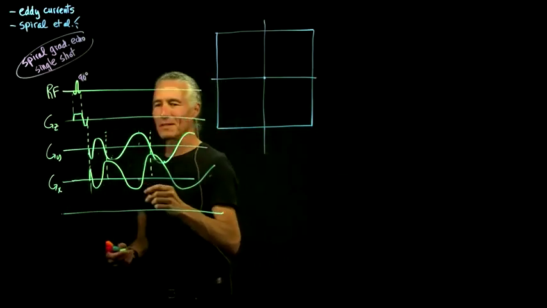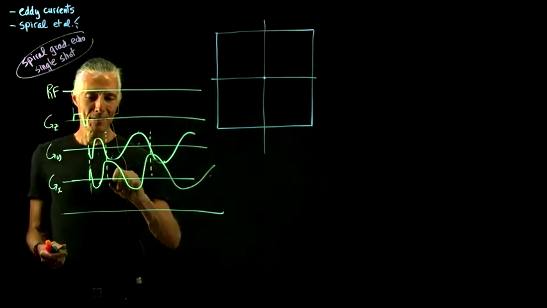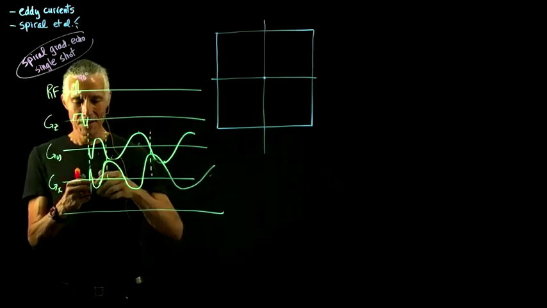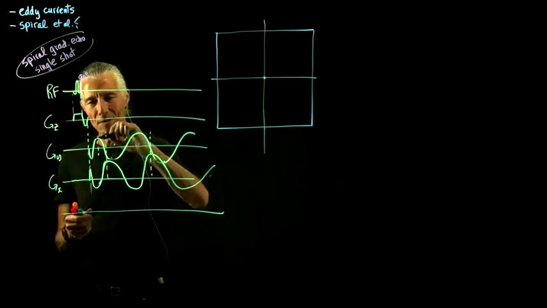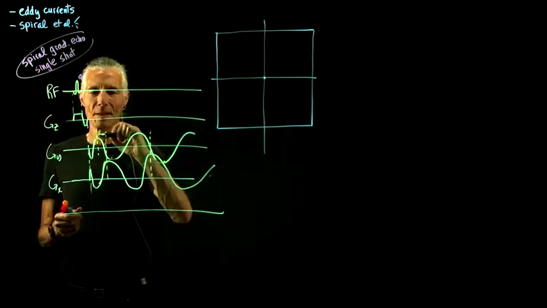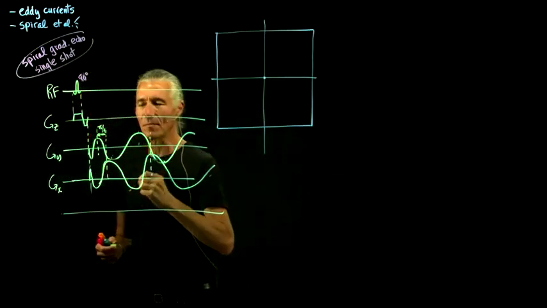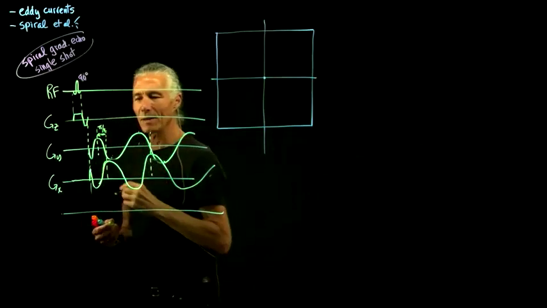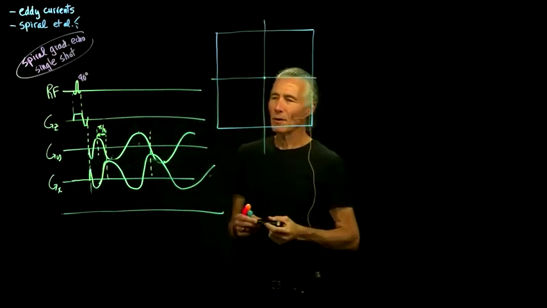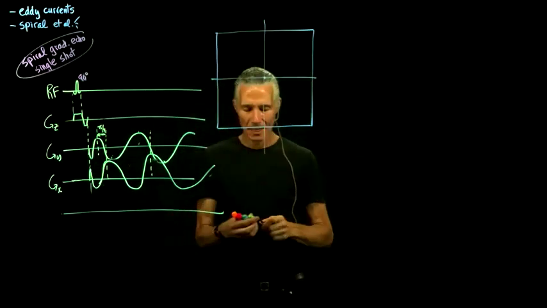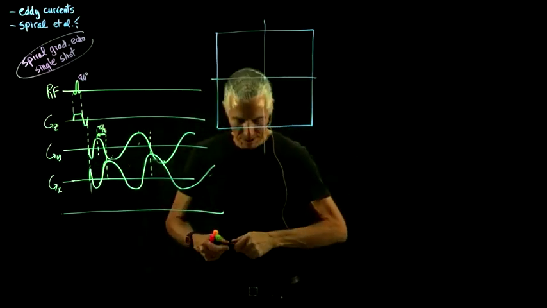So what's the plan here? The plan is that the distance between these two peaks should be pi over 2, 90 degrees. And what does that do to our position in k-space?